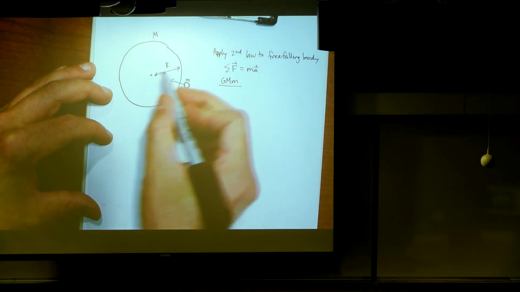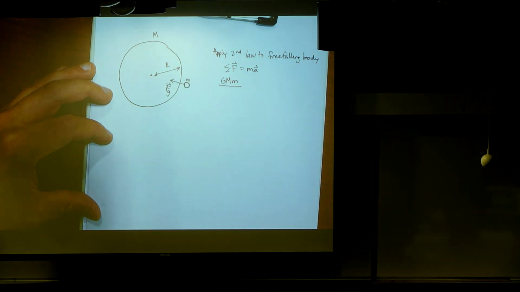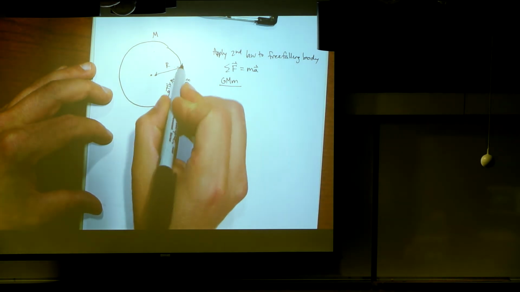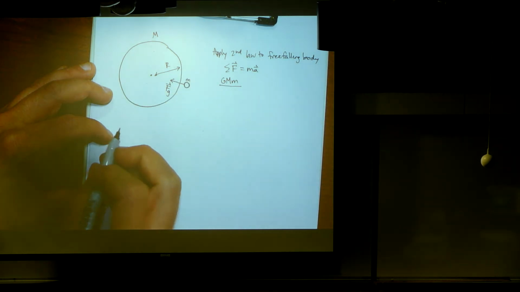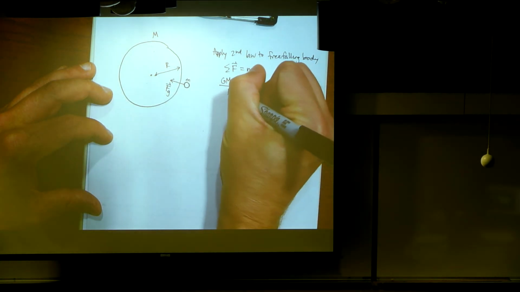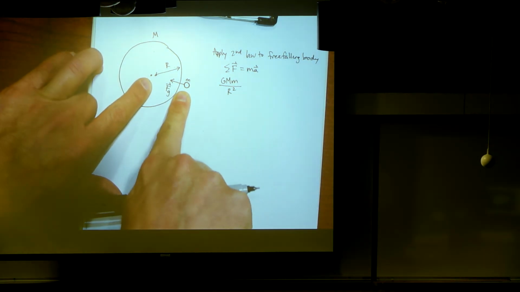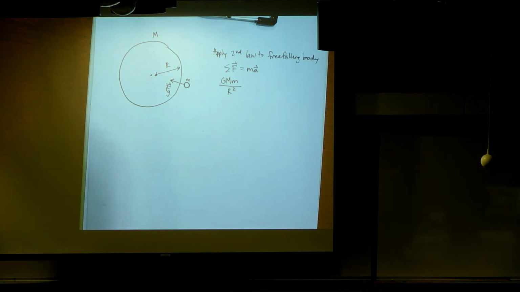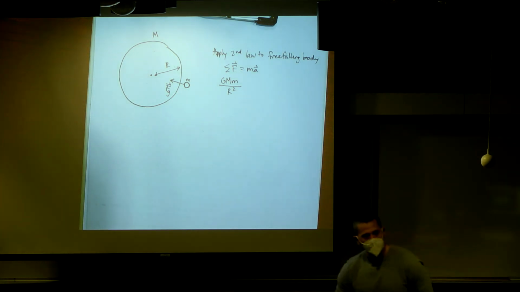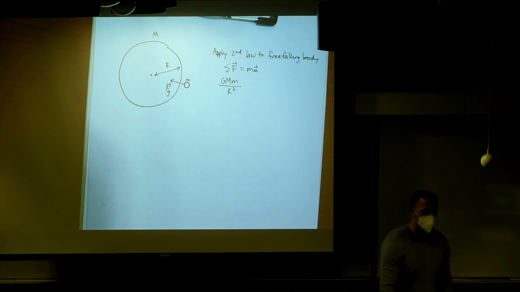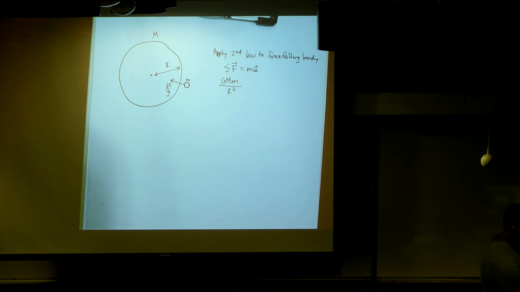But the assumption here is you're really close to the surface, okay? So you're not some large height above the surface, meaning we can just use the radius of the planet for this distance here. Does that make sense? Like, for example, if I'm talking about the Earth, and I just pick something up so it's a meter above the surface of the Earth, that really makes no difference, right? Because the radius of the Earth is so big compared to that.